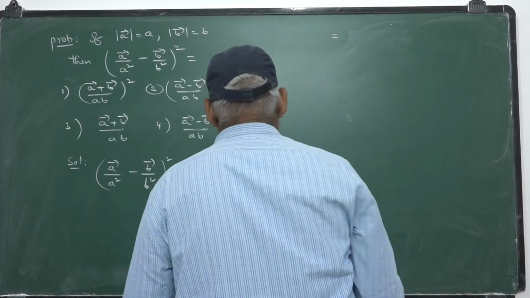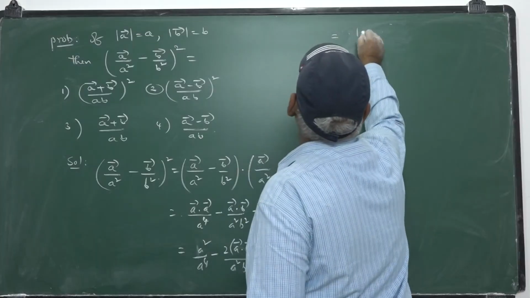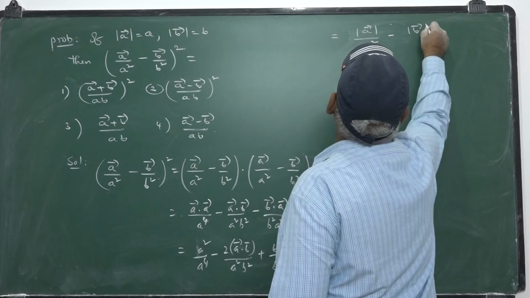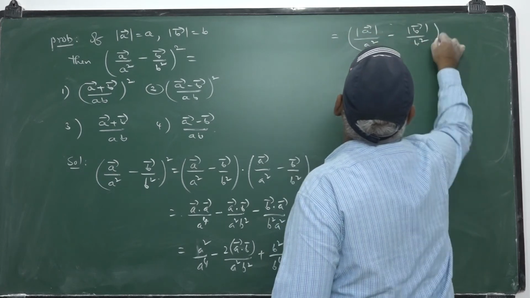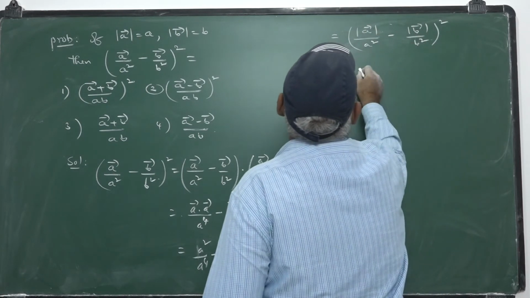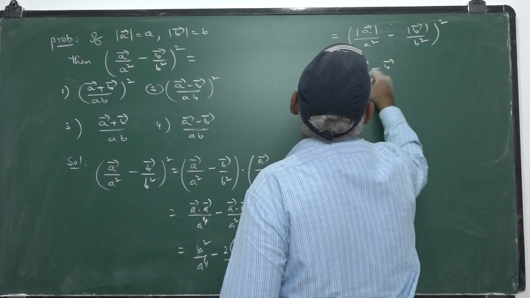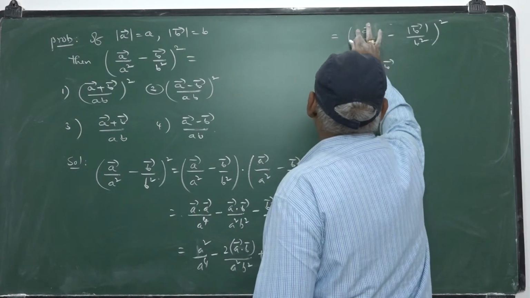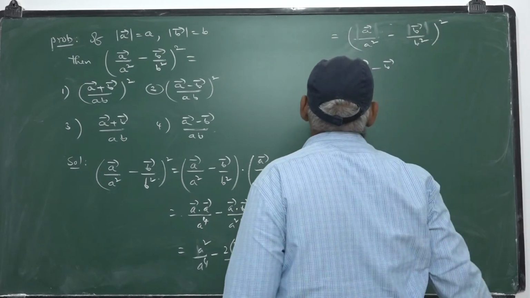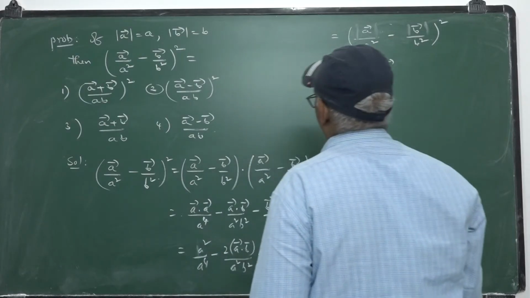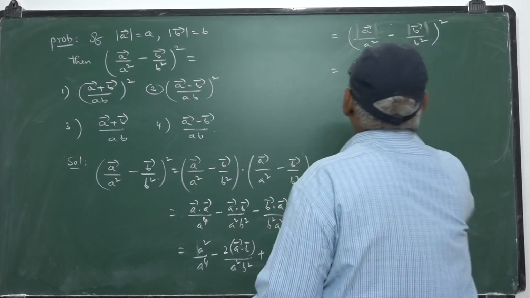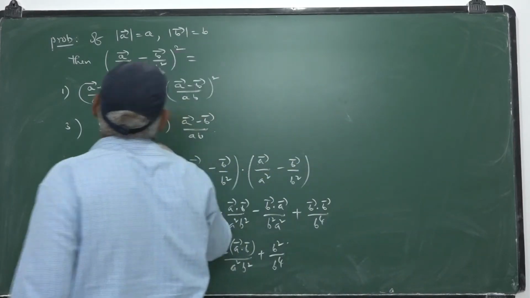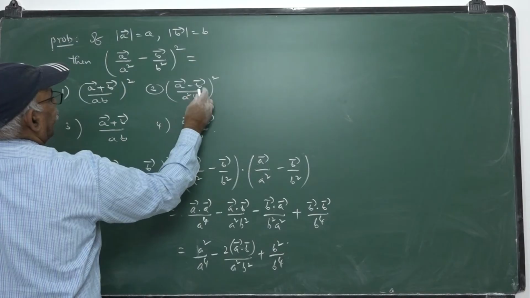A square mod a square by a square minus mod b square by b square whole square, a bar minus b bar whole square. Of course, this is a bar minus b bar whole square. Okay, I thought that this one is not AB. This is a square b square.